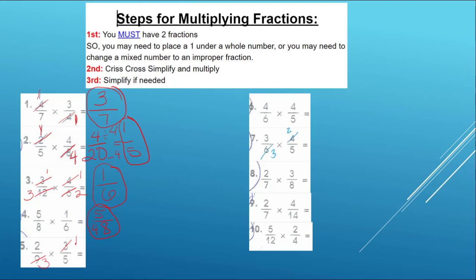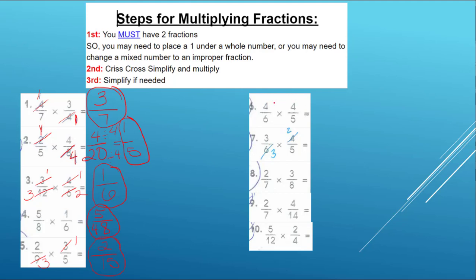So now we can multiply. 2 times 1, 2. 3 times 5, 15. Step 3, see if we can simplify anymore, and we can't. So that's our answer.